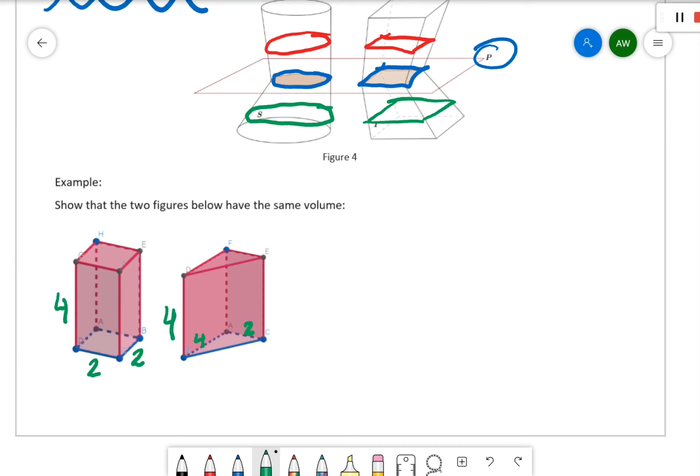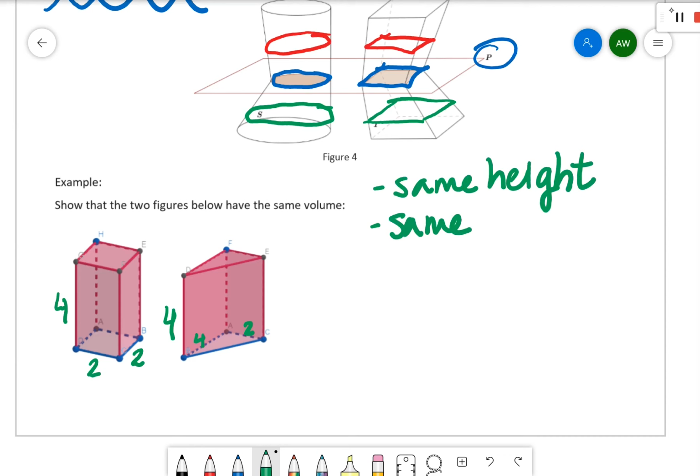So what I can do is say, first, I know they have the same height, right? So we know they have the same height. If we can show that they have the same base area, because these are both cylinders and their base area is the same if I shift that base up or down, right?